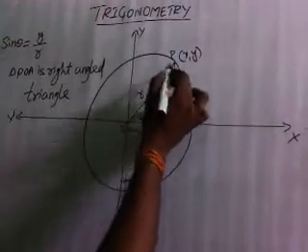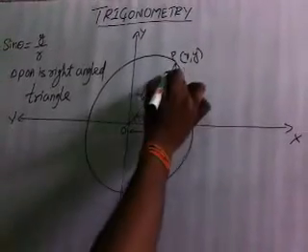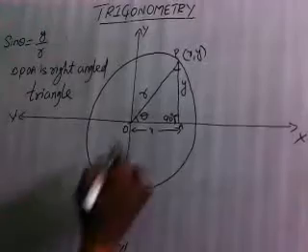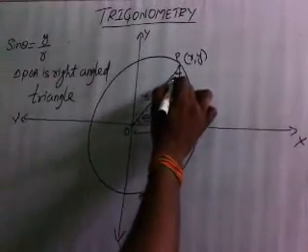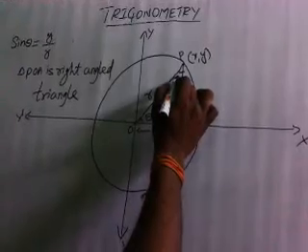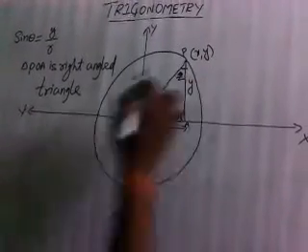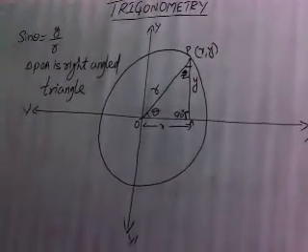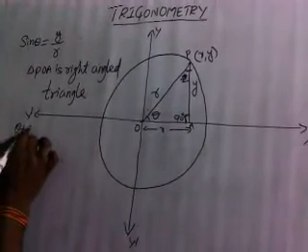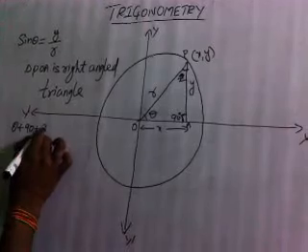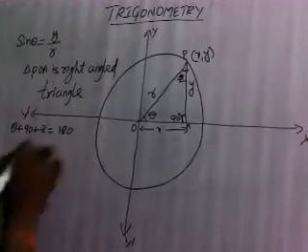Then what about this angle? Can you find out this angle? We can find it because the sum of the angles in a triangle is 180. Let it be some angle Z. Let us see how to find Z. Sum of the three angles in a triangle is 180. Then theta plus 90 plus Z is equal to 180.